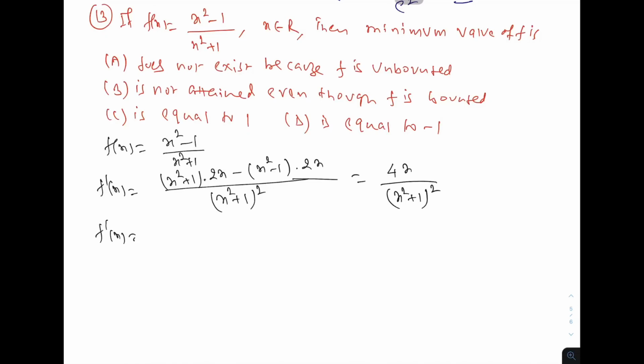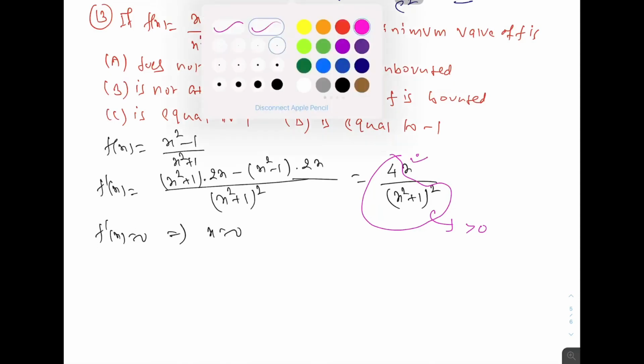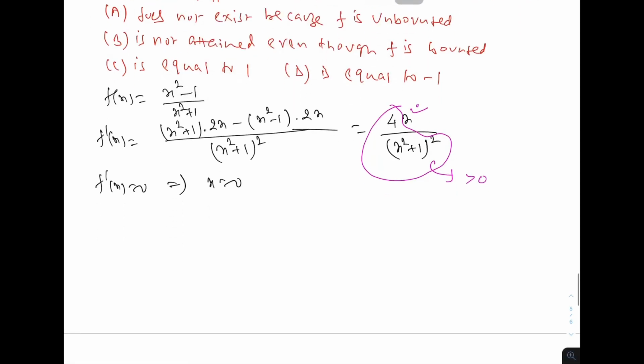Now f dash x equal to 0 will imply x equal to 0. Now see, this part is always greater than 0. So we only need to check the sign of x. So when x is less than 0, f dash x is negative.